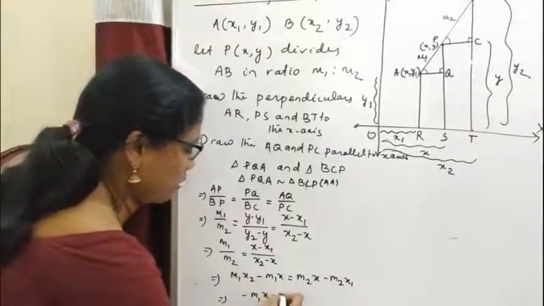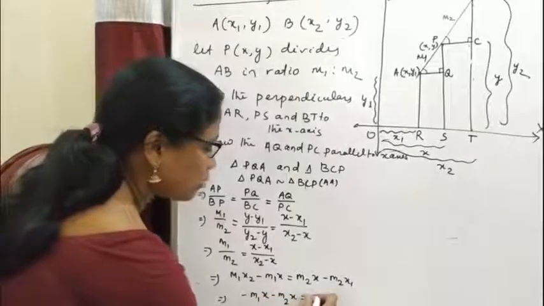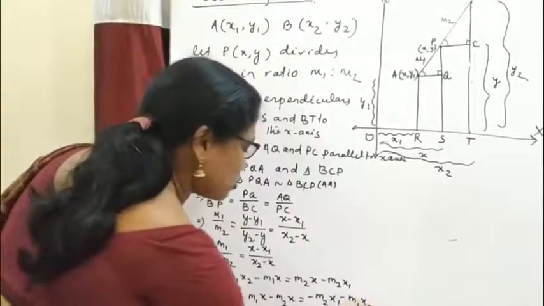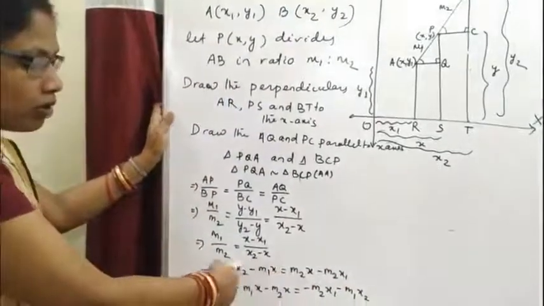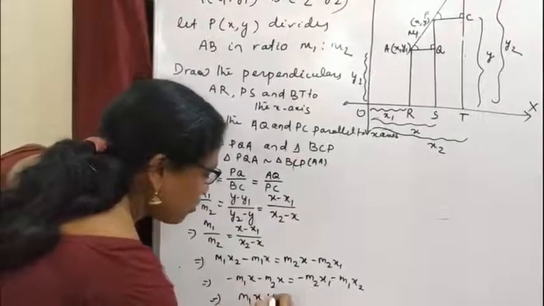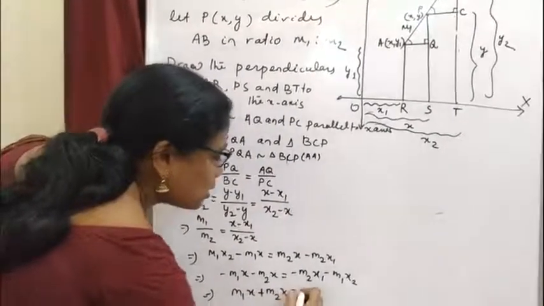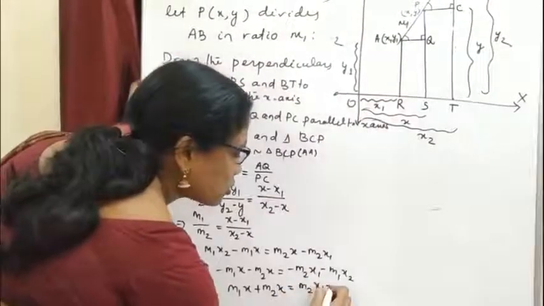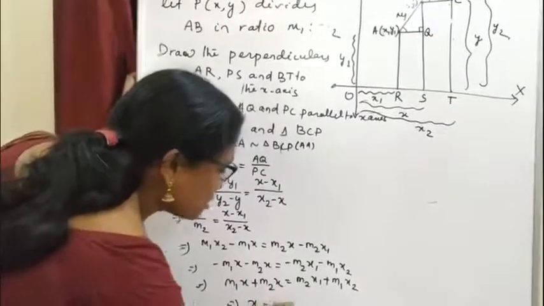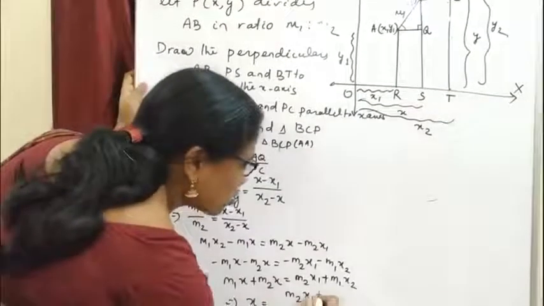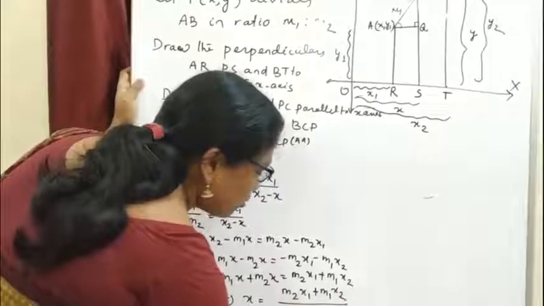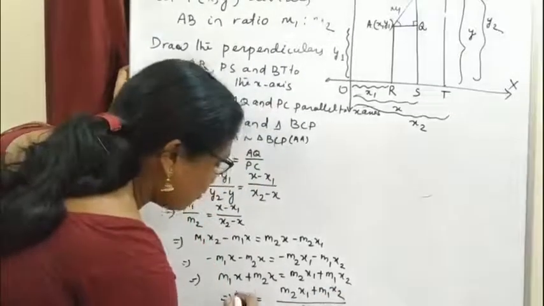So minus m1x minus m2x is equal to minus m2x1 minus m1x2. Here we have to remove all the negative signs. So m1x plus m2x is equal to m2x1 plus m1x2. So x is equal to m2x1 plus m1x2 divided by m1 plus m2. So this is the value of x.